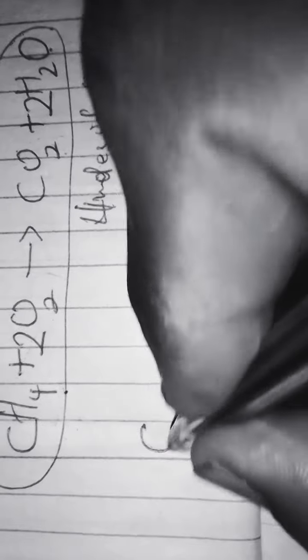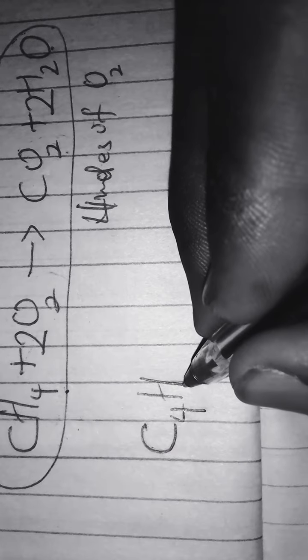Let's take the next example, and you can work any other alkane with this idea. Now let's take butane, C4H10 plus some moles of oxygen gas, giving you, as I said, always write your products as carbon dioxide and water, because you know that the main products will be carbon dioxide and water.